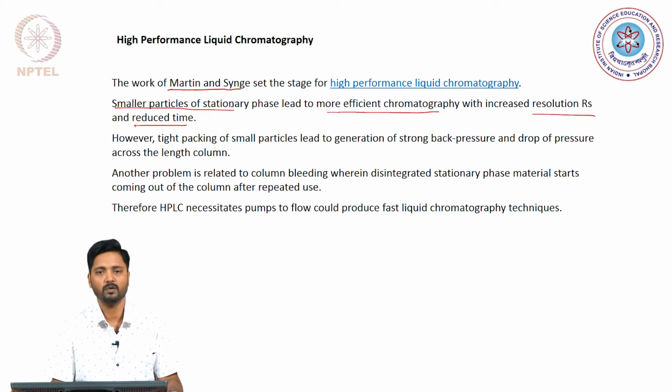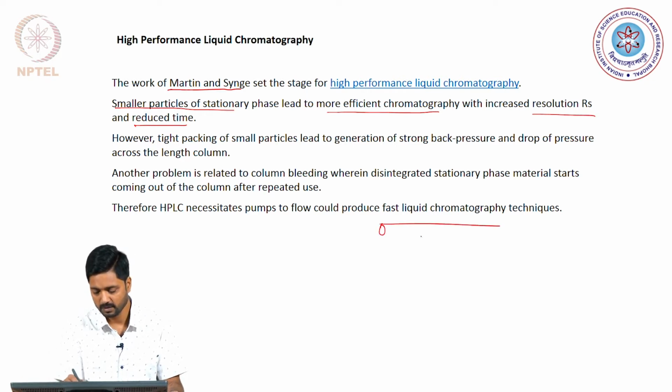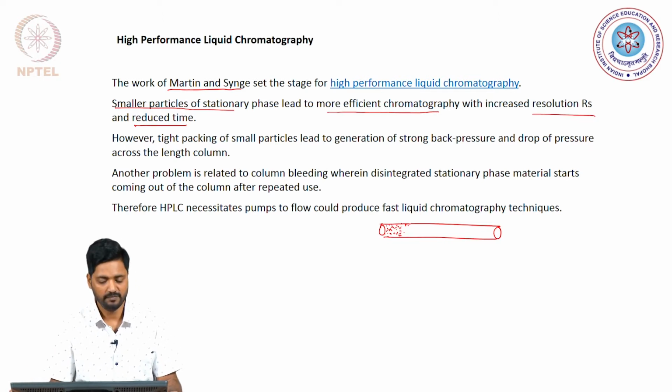Now, what we also understand is that we need to pack these particles quite well within the chromatographic column. So, if I have a column, I would want to ensure that my stationary material particles are very nicely packed inside these columns, so that efficient separation can be achieved.